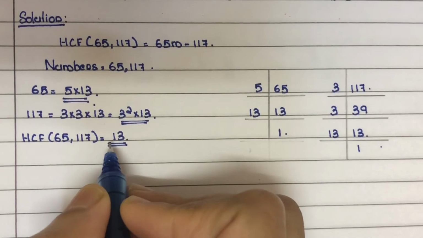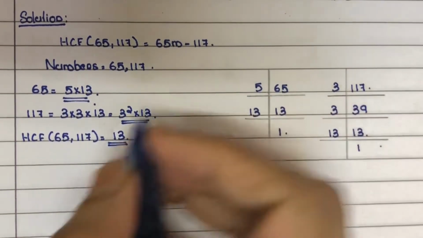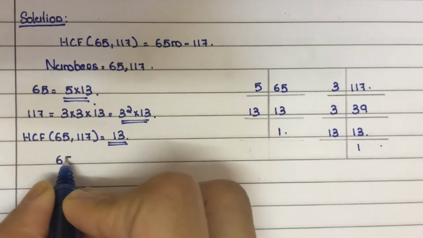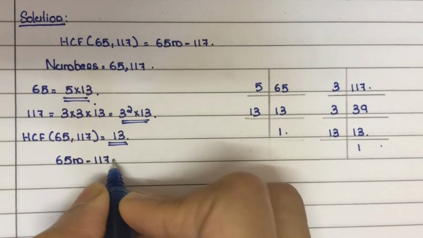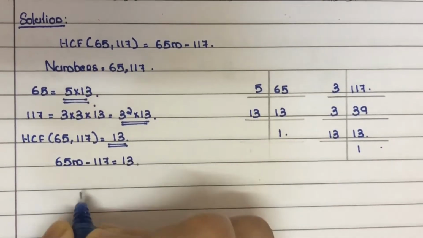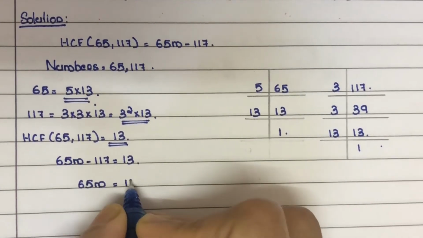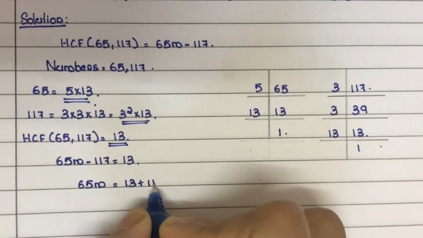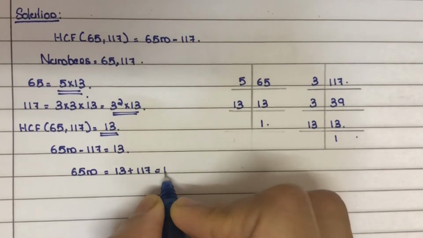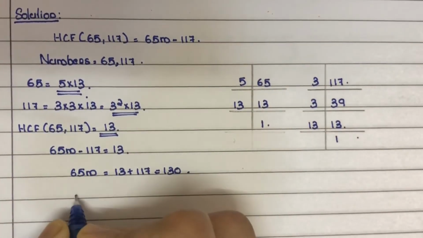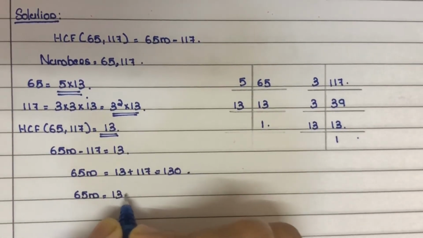Okay. And it is given that it is of the form 65m minus 117. That is 65m minus 117 equal to 13. Now 65m is equal to 13 plus 117. 13 plus 117 is 130. Okay, that is 65m is equal to 130.